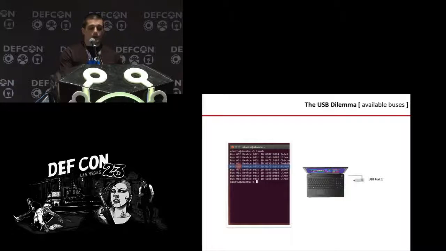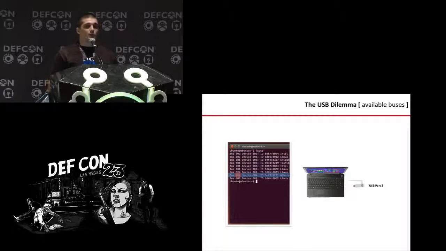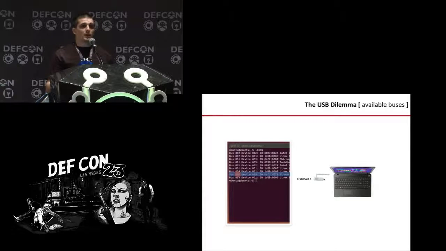We plug a card in USB port number 1, and we are using bus number 1, the same one that was already being used by my webcam and my Bluetooth device. I plug in USB port number 2, and we are now using bus number 3. I plug it in the last port I have in the machine, and I am again using bus number 3. So I have 3 ports, and I can use only 2 buses. The other 2 buses are not available. So mitigation of bus saturation is not going to be possible with this.